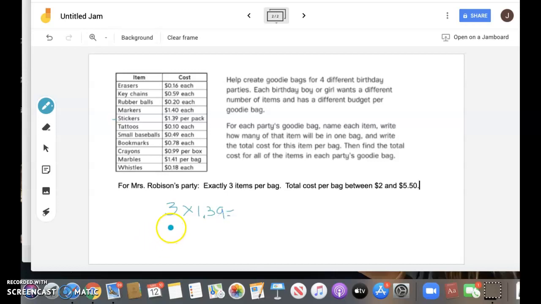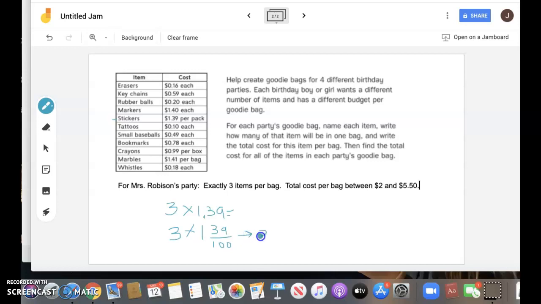So let's look at this as a fraction because we know how to multiply fractions. So I have 3 times $1.39 is the same as saying 1 whole and 39 100ths. So I know that when I multiply, I want to break this apart.